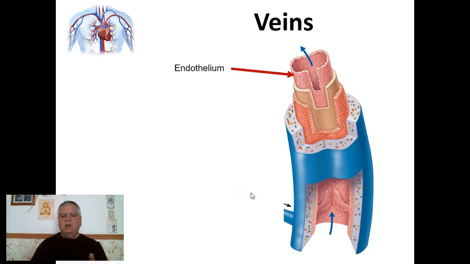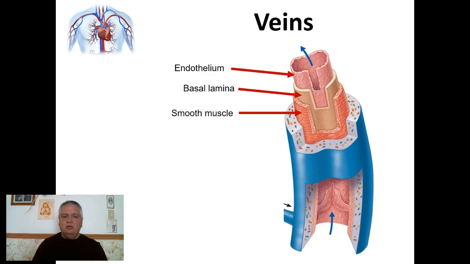Again, we're going to have the tunica intima, and the tunica intima is going to be first of all comprised of that endothelium, and that endothelium is made up of simple squamous epithelial tissue that's going to rest on a meshwork of protein called the basal lamina. So the endothelium and the basal lamina will make up the tunica intima.